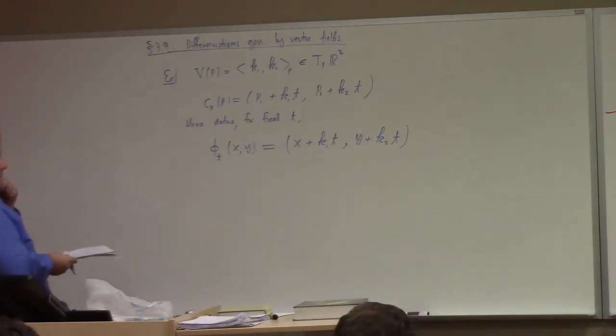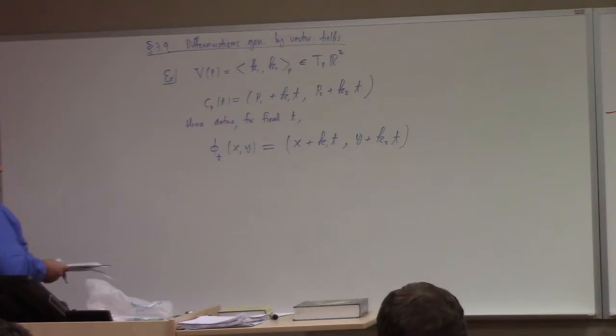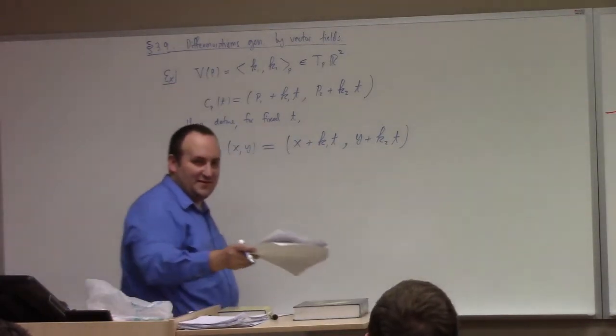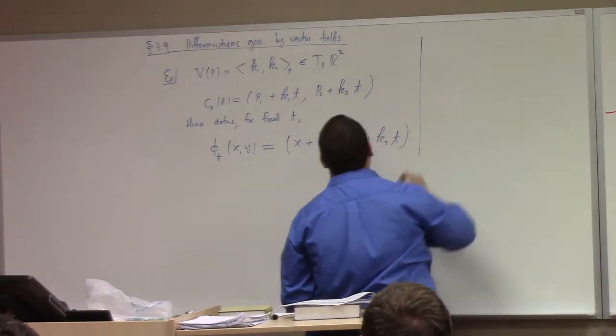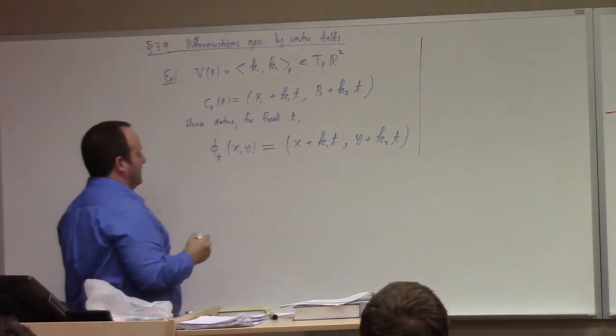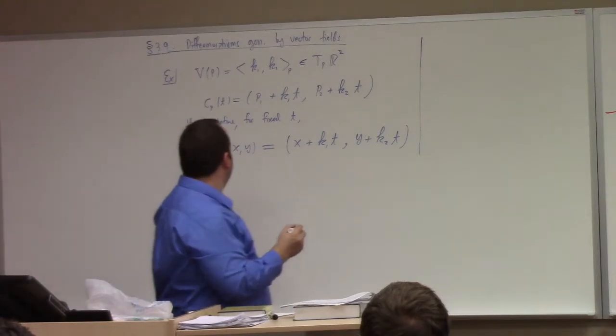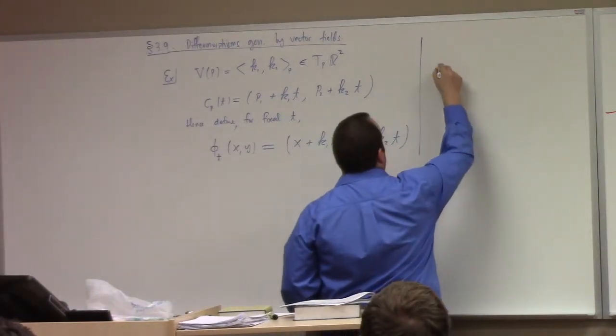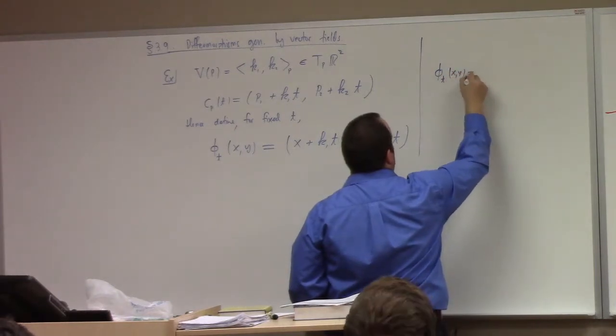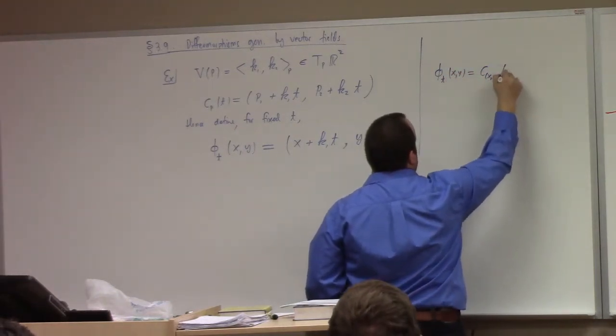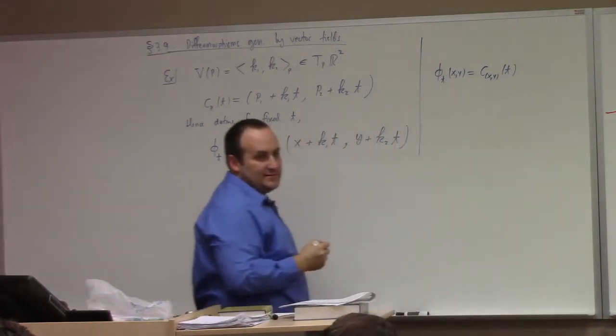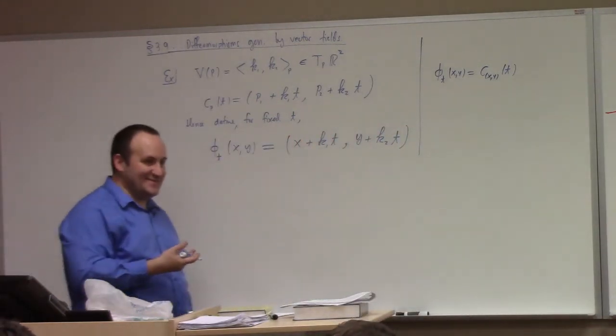How are these related? Can we write down a formula which links both of these? So phi sub t of x comma y equals c sub x comma y of t. Very good, that's it. This is really just a repackaging. What's the difference, though?